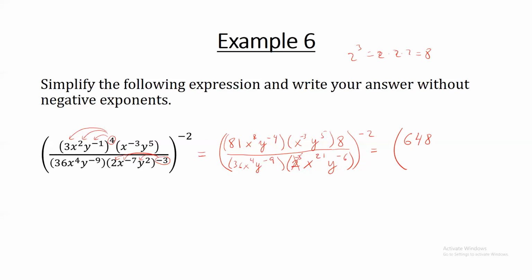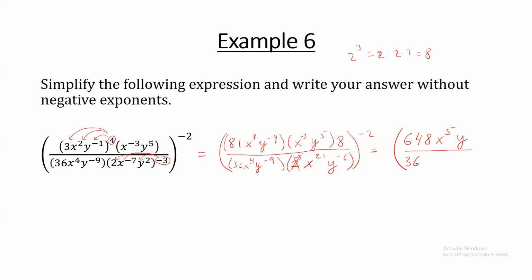Multiplying the x's, we have to add the exponents. 8 and -3 is 5. And multiplying the y's, -4 plus 5 is 1. So that's just y to the first power. All over 36, we don't have anything to multiply that by, so we're going to stick with the 36.